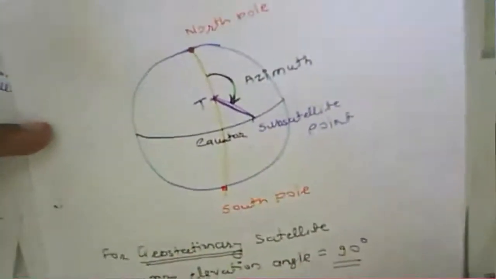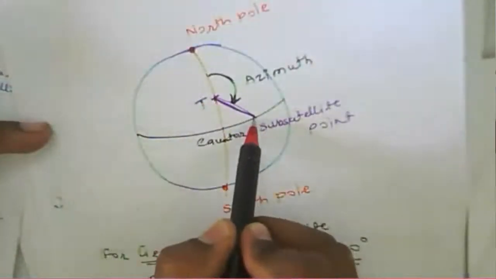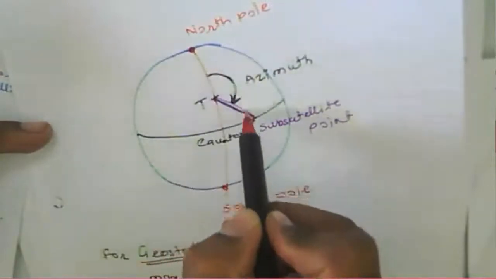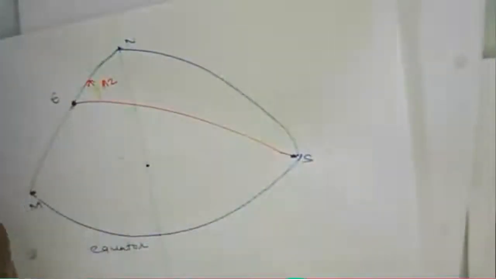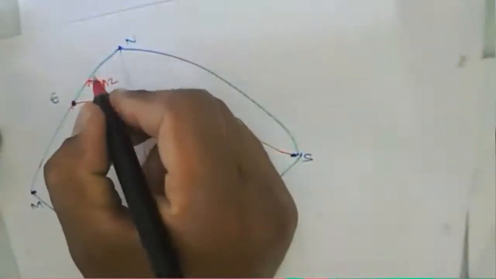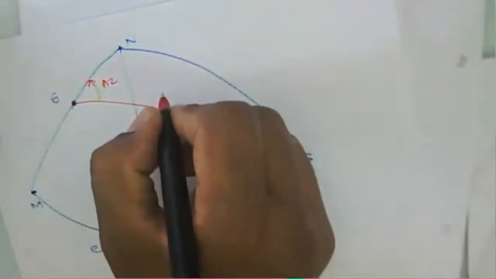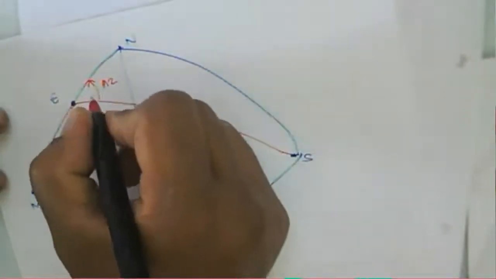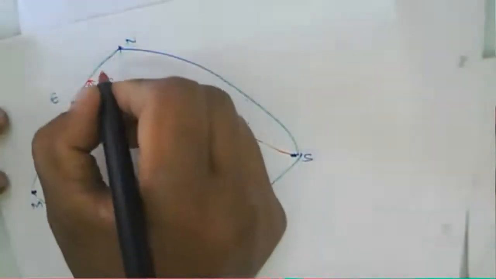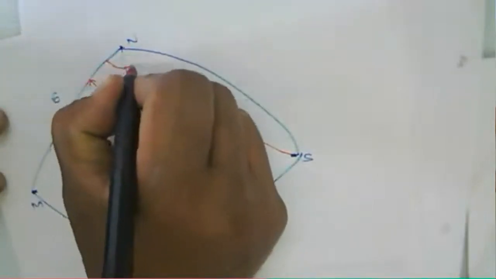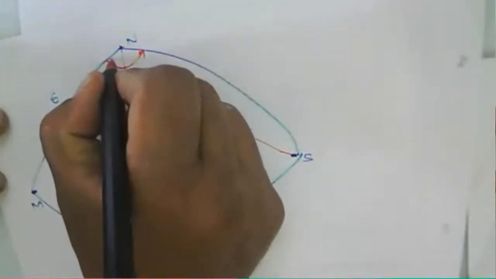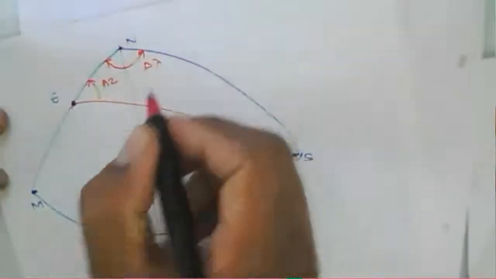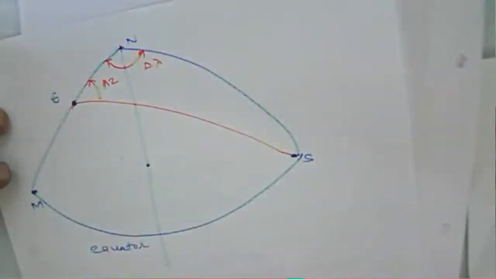The earth station point and the subsatellite point from this north pole, that is nothing but the azimuth. And the difference in the longitude of the earth station and the satellite point is nothing but delta lambda.